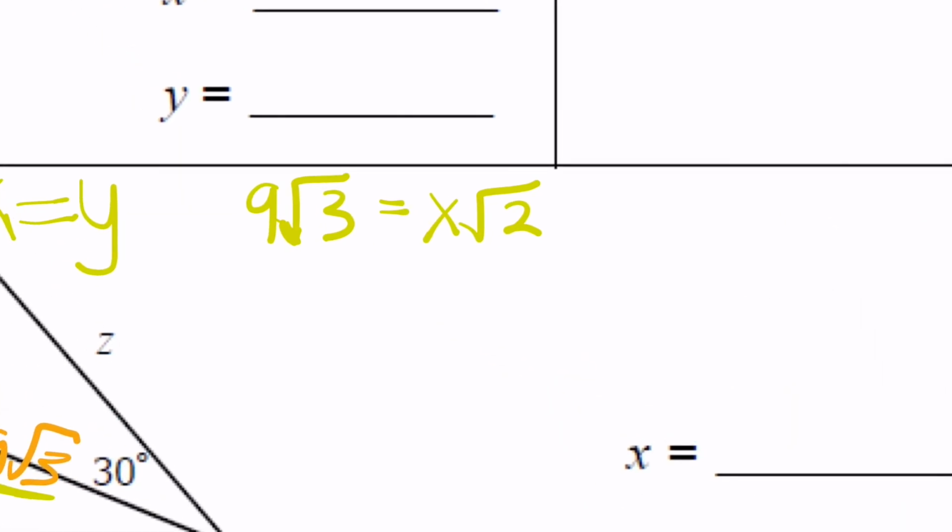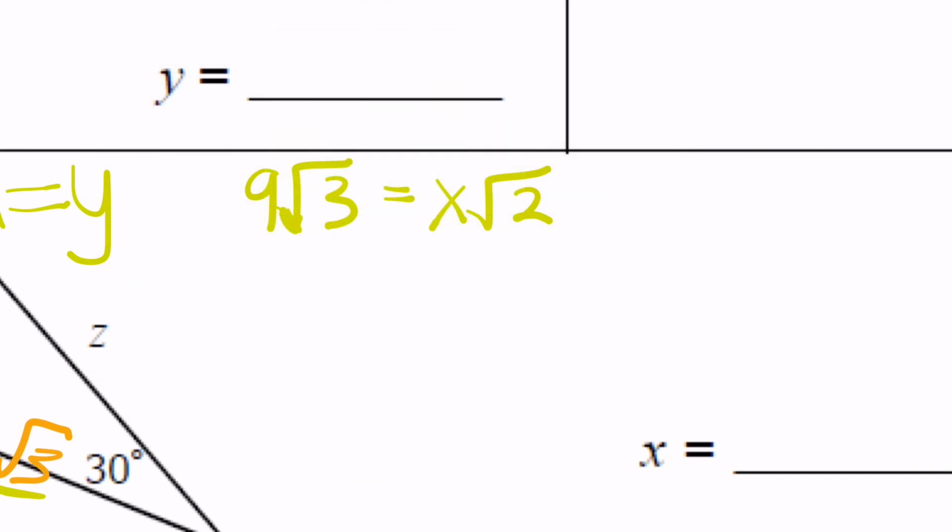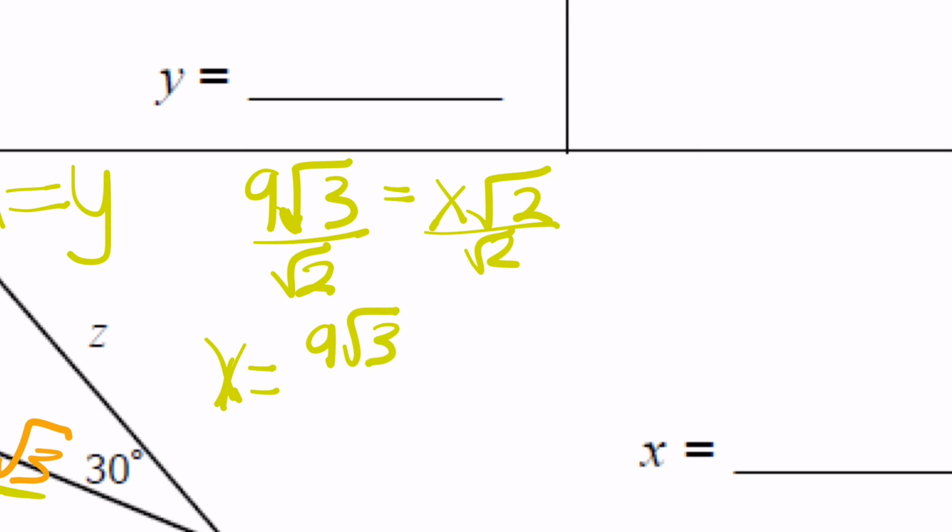So here again, now I just start going ahead and solving for x. Divide by square root of 2, divide by the square root of 2. Now I'm left with x equals 9 square root of 3 divided by the square root of 2.